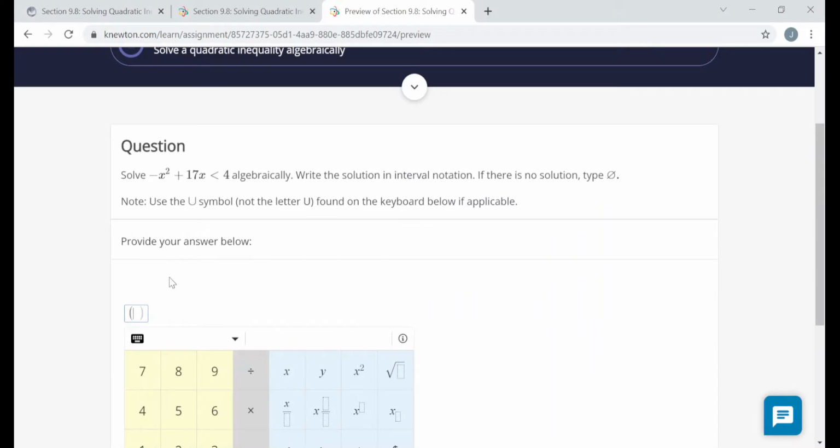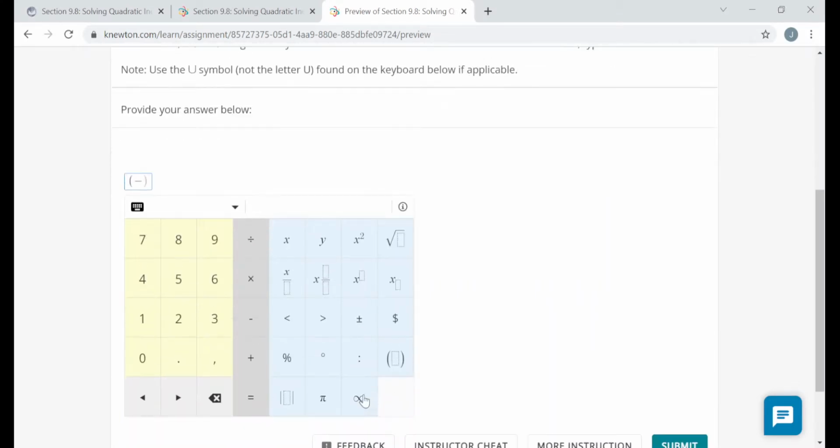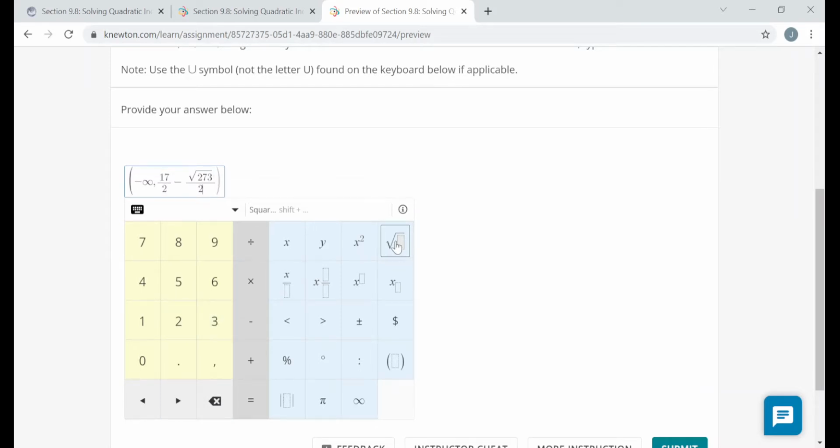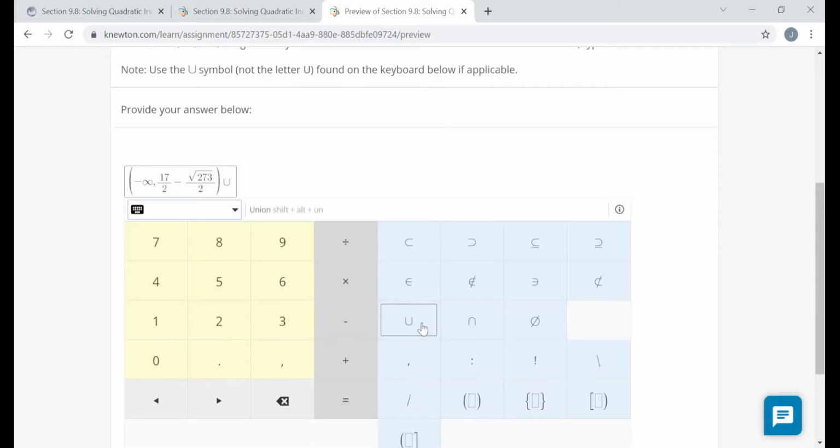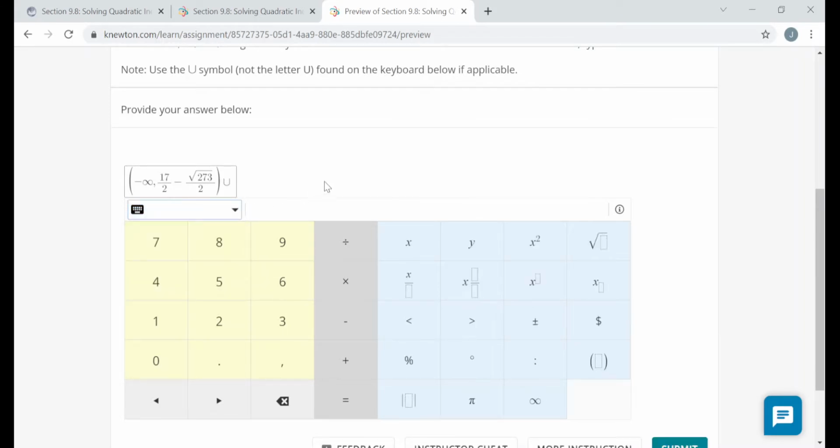First interval: negative infinity, comma, and then 17 halves minus the square root of 273, all divided by 2, close parentheses, then the union symbol, and then parentheses, and I'm just going to copy and paste this value, change the minus to a plus, comma, infinity, and close parentheses. Okay, this should be good.